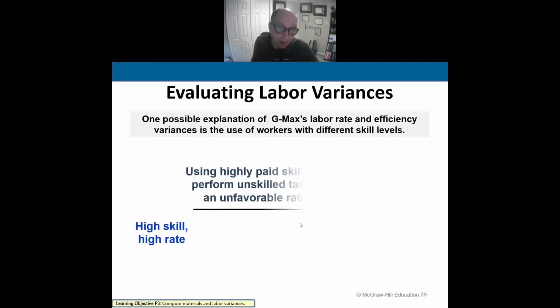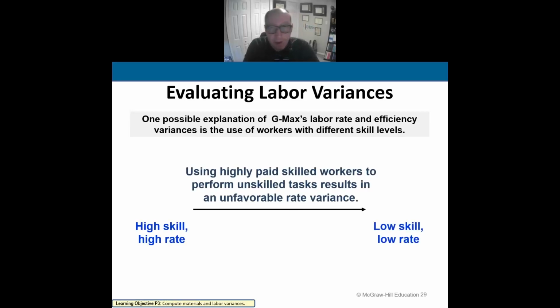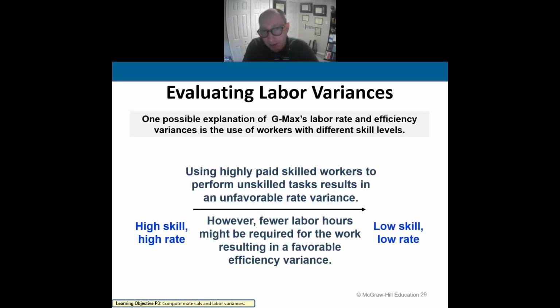Why was the rate 16.50 instead of $16? Why was the rate 50 cents higher? Well, maybe I had some more skilled employees that I pay more for higher skilled employees. So that could be one of the causes for the unfavorable rate variance.